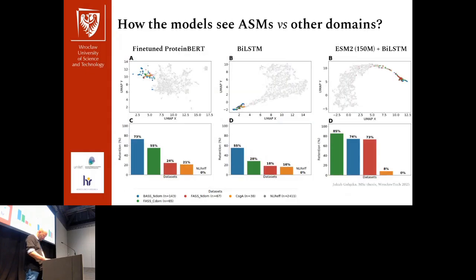Let me think for a moment. In fact, here you have, we call it retention on this slide, but this is recall in principle. These are recall values for default threshold, and for default threshold we may have had worse precision, but this is more or less how it looks.